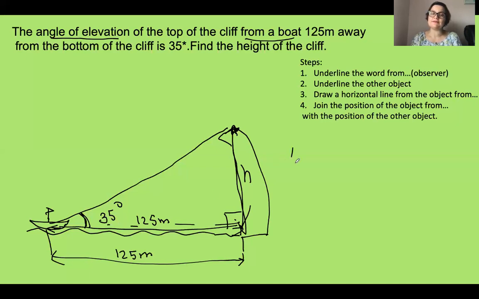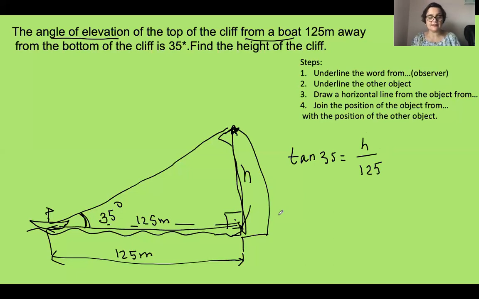So I'm going to have tan 35 equals the opposite side, in this case h, over 125. This is just an equation.